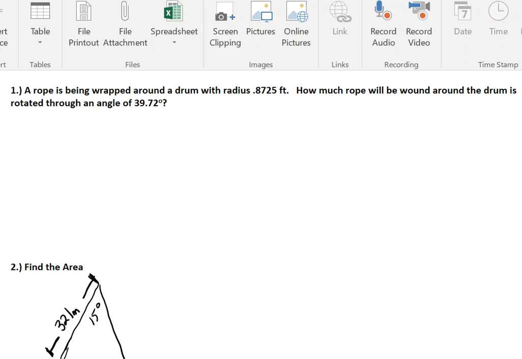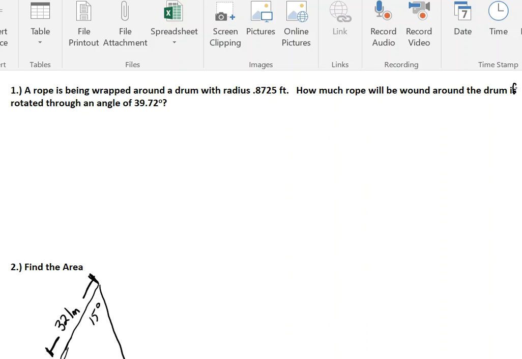We have two quick examples that use both of these formulas. The first one says a rope is being wrapped around a drum with a radius of 0.8725 feet. How much rope will be wound around the drum if rotated through an angle of 39.72 degrees.